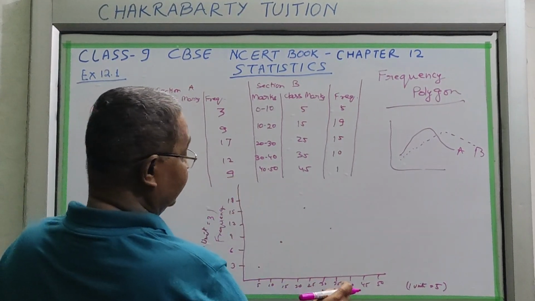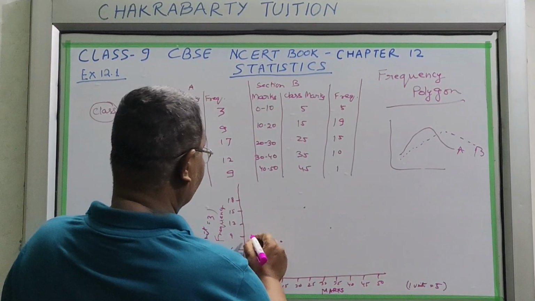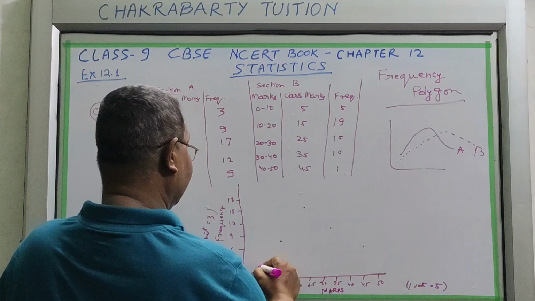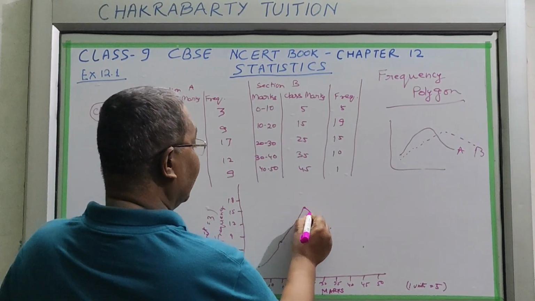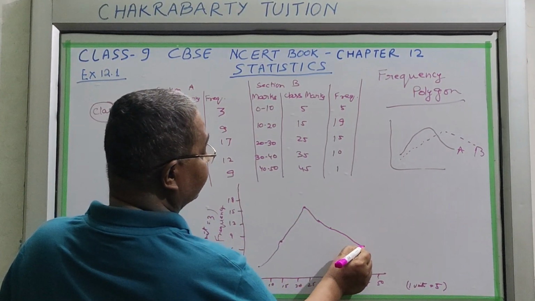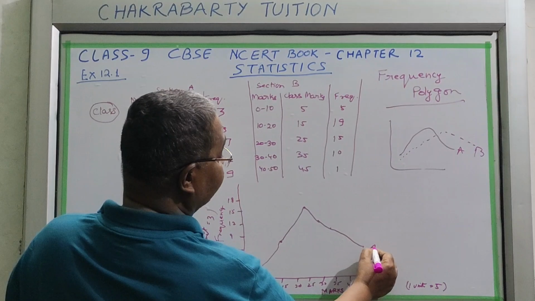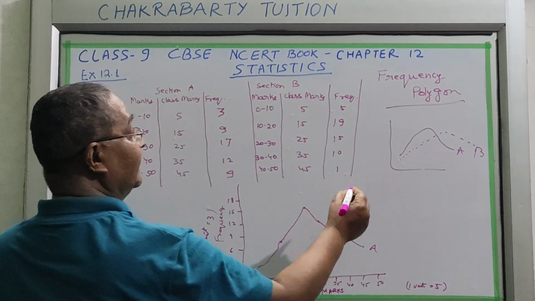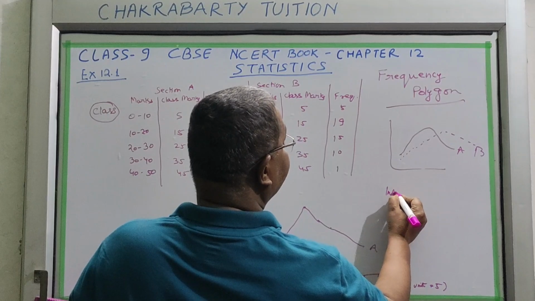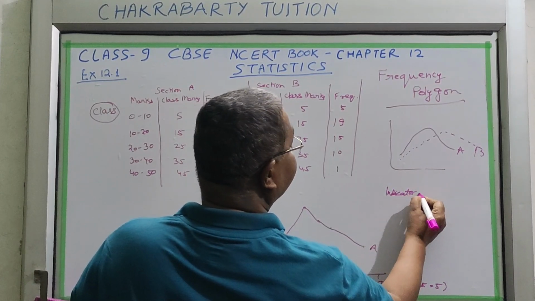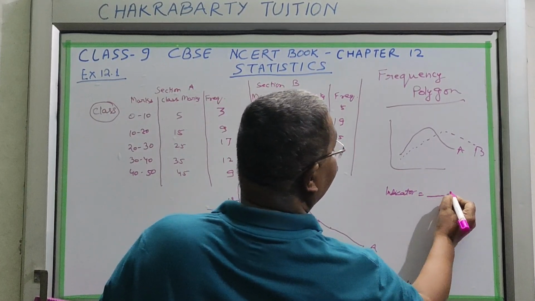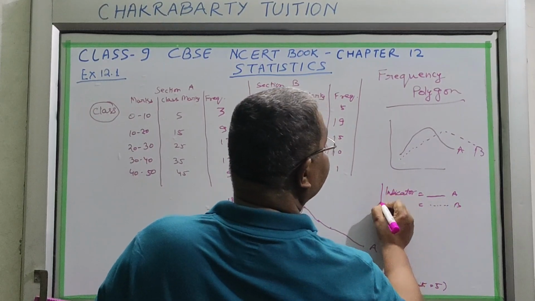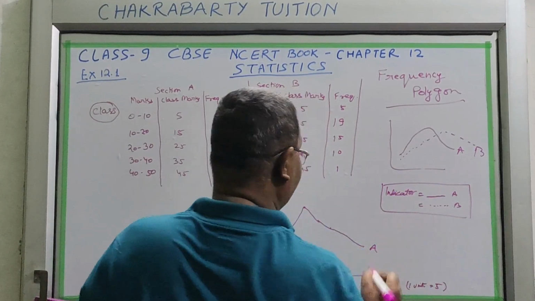Then for 45 it is 9, so 9 is coming here. So one line we can draw by joining the midpoints, and this we can term as line A, section A. And an indicator we can give: the straight line is of A and the dotted line is of B.